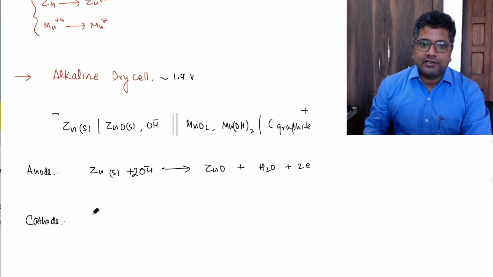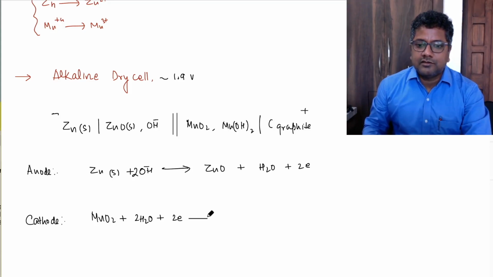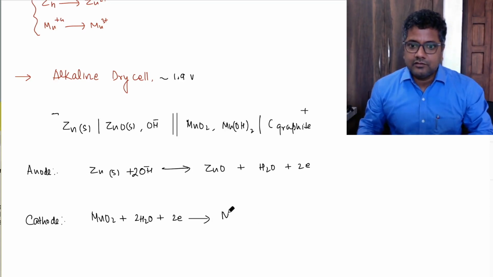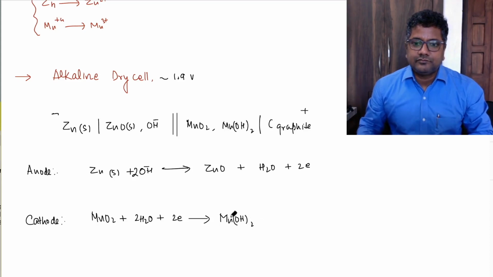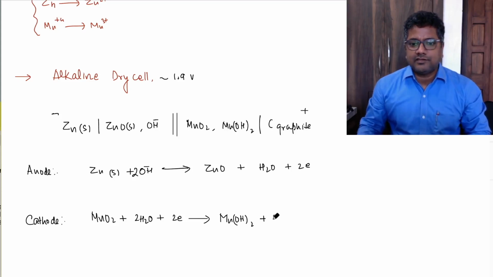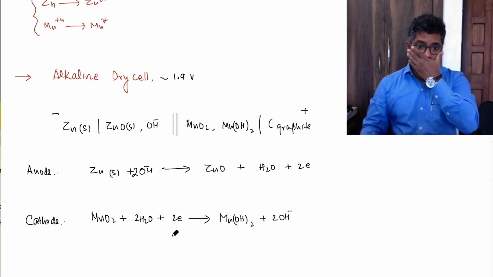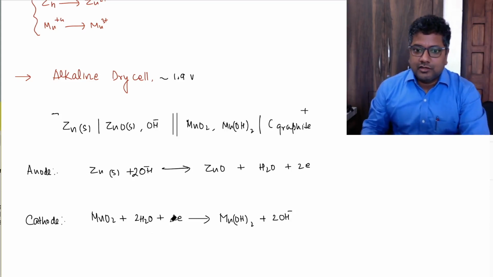The cathode reaction is MnO2 plus 2H2O plus 2 electrons gives Mn(OH)2 plus 2 OH minus, right? So I think all these are balanced.